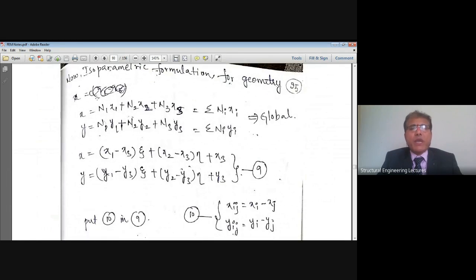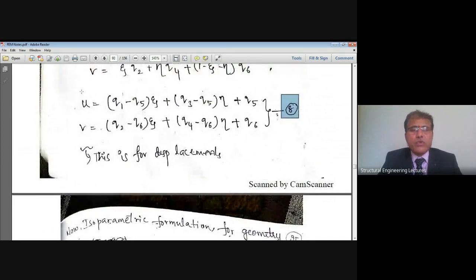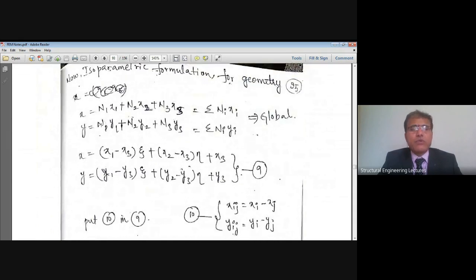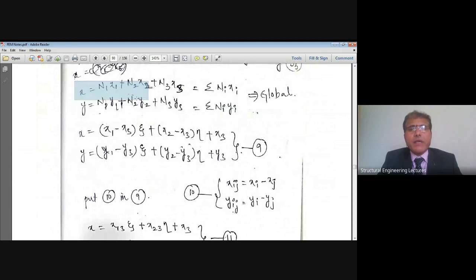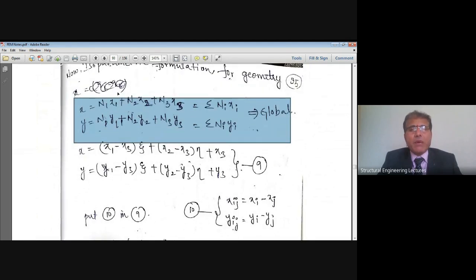Then isoparametric formulation: the same shape function of the same order which was used to interpolate the displacements will also be used to interpolate the geometry. That is why it is called isoparametric formulation.